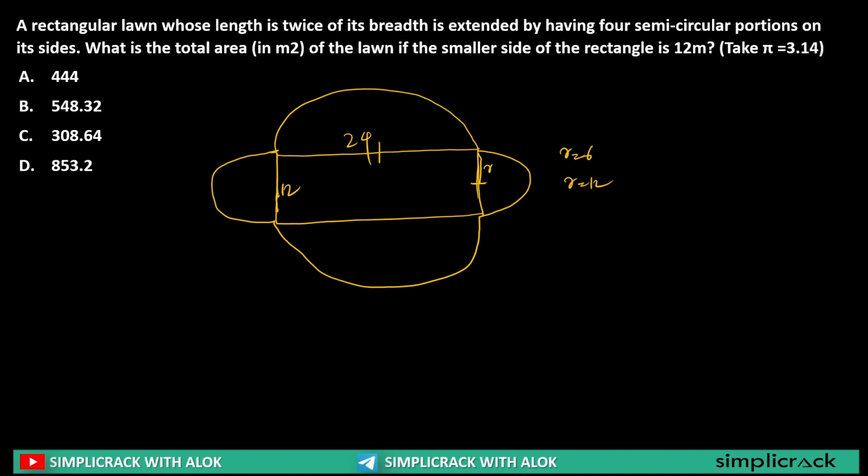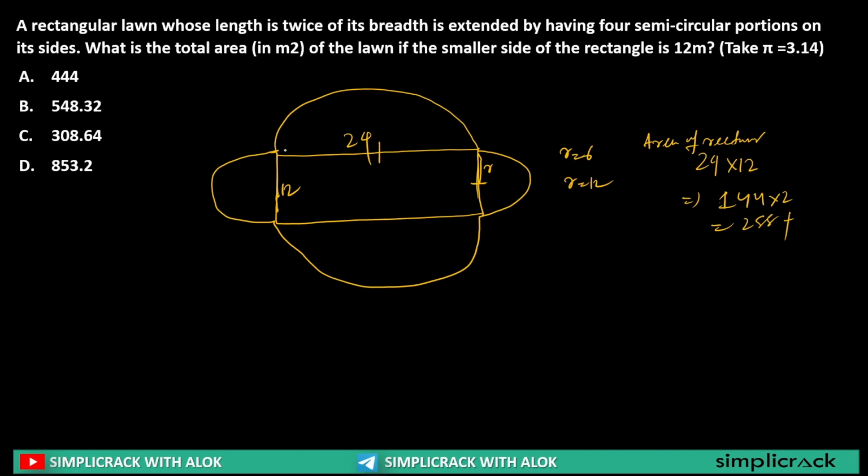What has it asked? It has asked what is the total area. First, the area of the lawn is 24 into 12, that is 144 into 2, that is 288.